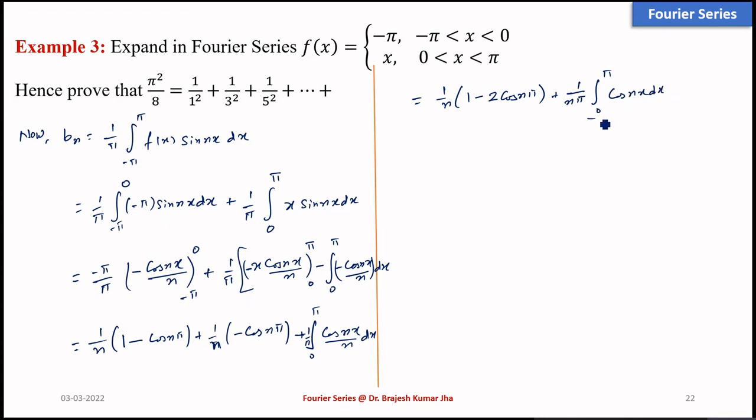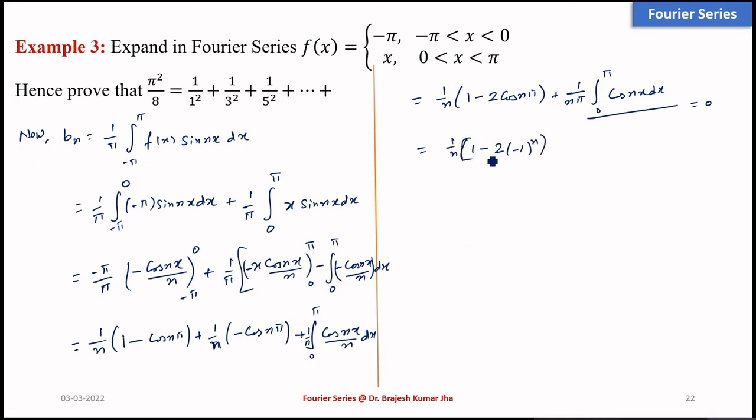Can I write directly this term is 0? Because cos will be sine, and the integration from 0 to pi will cancel. So finally, what we have is only 1 by n, 1 minus 2 cos n pi. Cos n pi we can write as minus 1 to the power n.